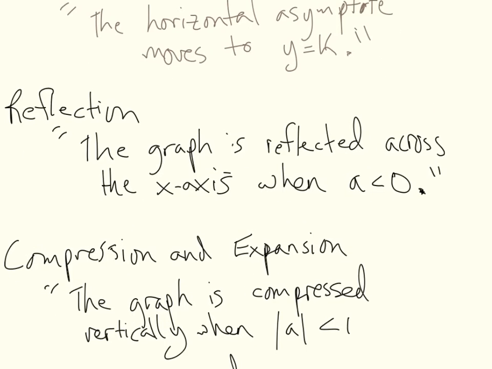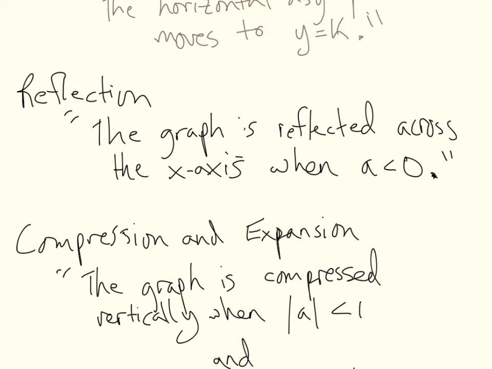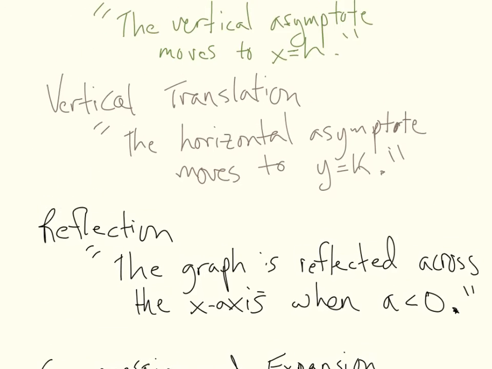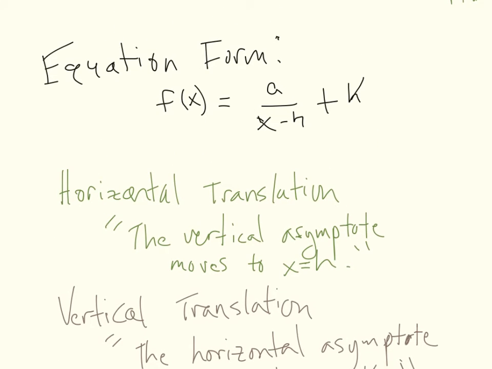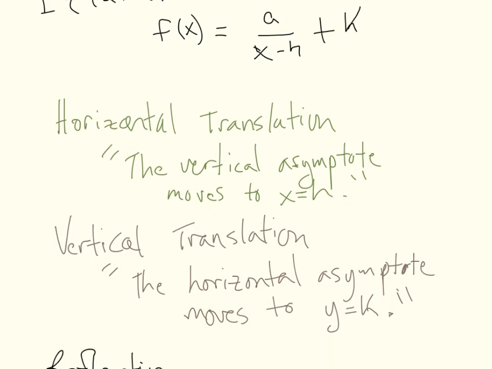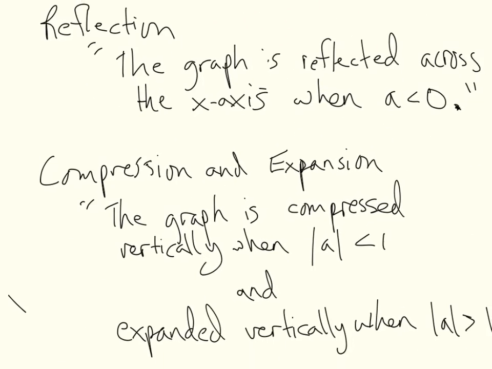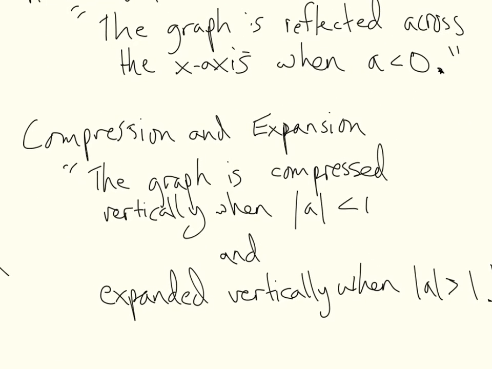Now we can also reflect our reciprocal function across the x-axis, and that happens when the a value is negative. So if this value right here is ever negative, it's going to cause your graph to flip over the x-axis. And then the last thing, compressing and expanding. The graph is compressed vertically when you have a fraction, whether that be a negative or positive fraction.